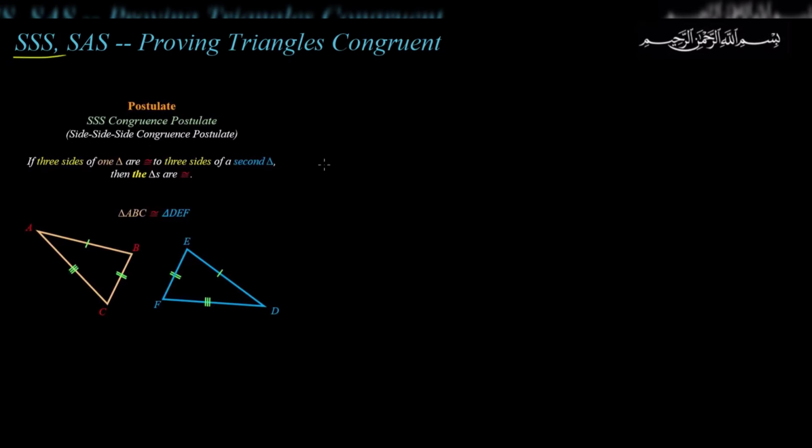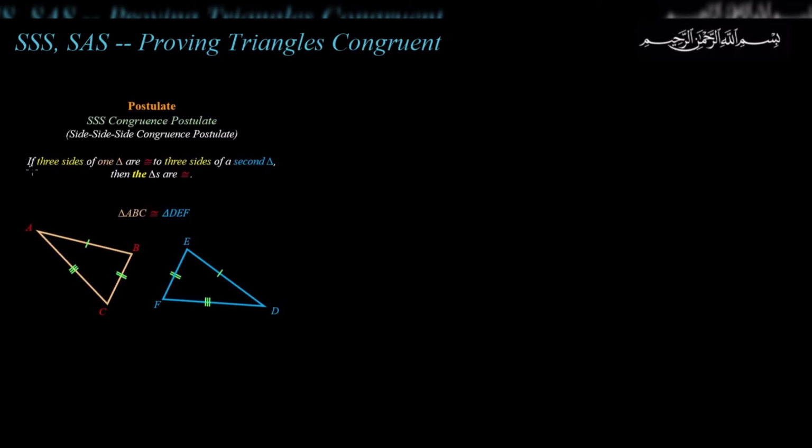Sometimes we just say SSS, but you have to actually understand what that means. If I ask students why these two triangles are congruent, they say SSS, and if I ask them what SSS means, they are not able to articulate exactly what that means. So SSS means the side-side-side triangle congruence postulate, precisely.